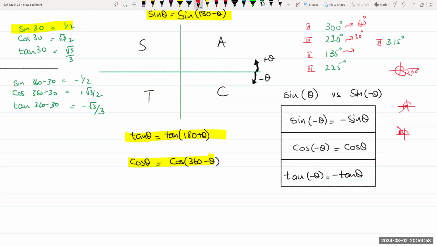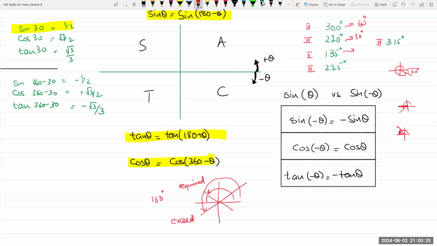So guys, it depends on which quadrant we are in. If we are in the second quadrant, we see how many angles are required to complete 180. If we are in the third quadrant, we see by how many angles we exceed 180.